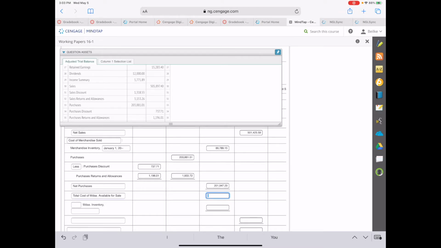So within that column, we're going to take $86,789.15 plus $201,947.29, and we would come up with $288,736.44.